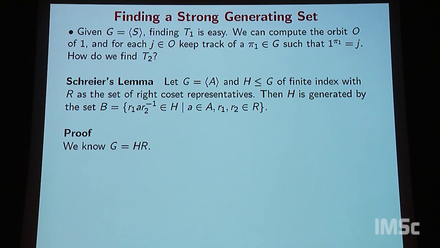I should speed up. Okay, so let's do a quick proof of this. It's a nice little proof. So G is H into R because G is the disjoint union of right cosets of H and R is the coset representatives. And I also have RA is contained in BR. By the way, what is the cardinality of the set B? What is the bound on the cardinality?